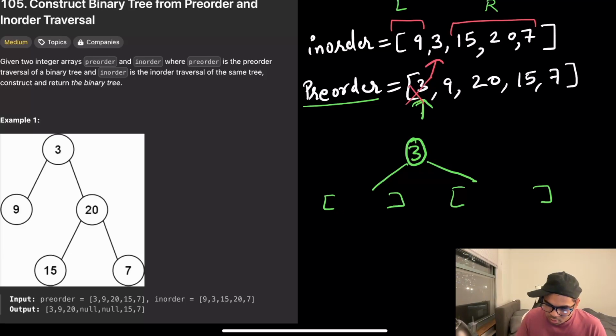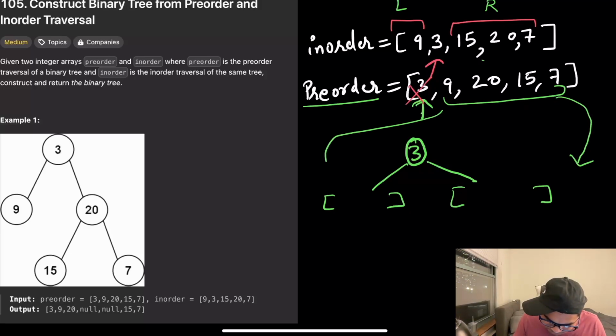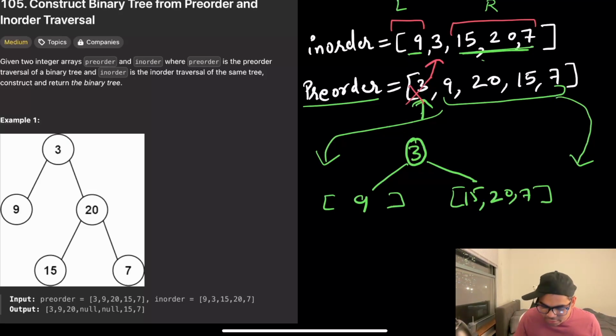Now here we will be passing this preorder to both of these sides, and this side will take 9 and this side will take 15, 20 and 7 as inorder.